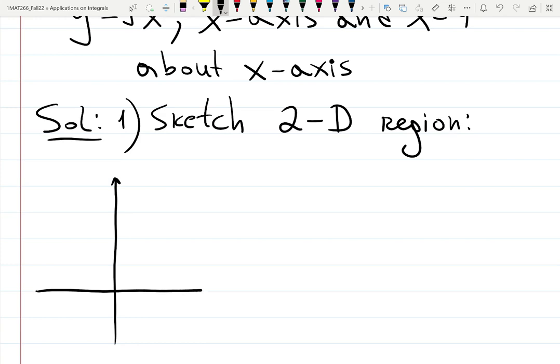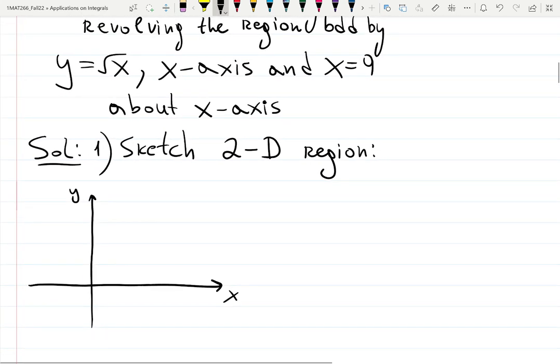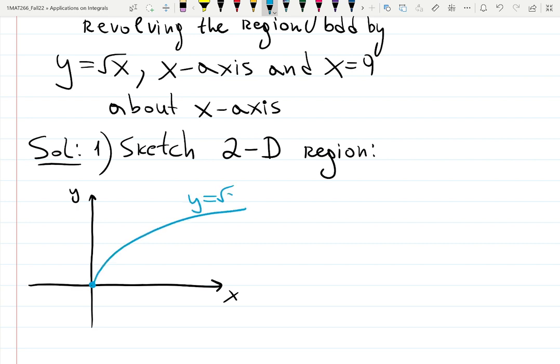In the previous chapter you were supposed to be good at sketching graphs to find the area. Now it's getting to the next level. We're going to be revolving it to create a 3D object. y equals square root of x. Hopefully you remember how it looks. It goes through 0, doesn't go down because y cannot be negative, and it's growing like so. Sign it. What is the x-axis? How do we call it as a function?